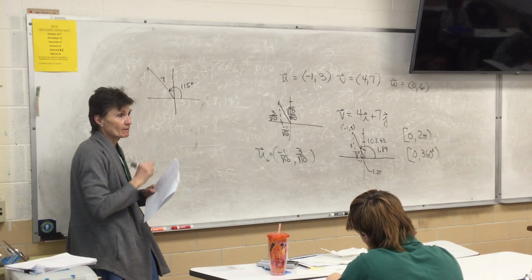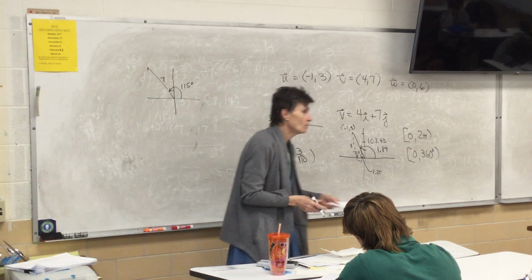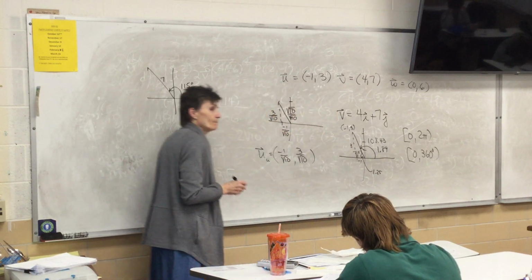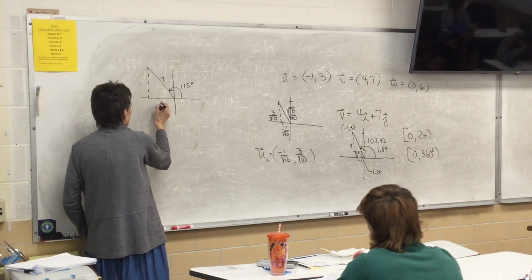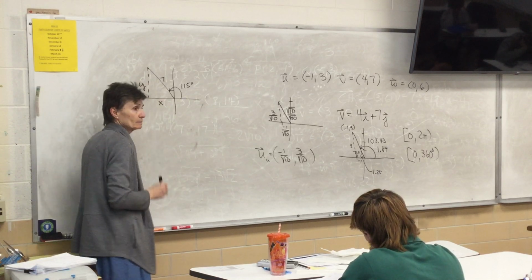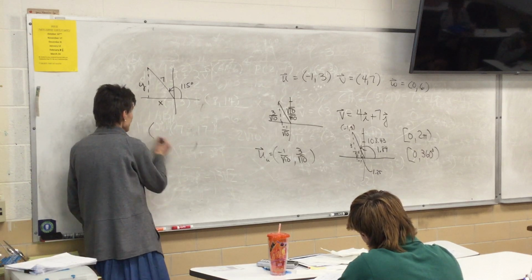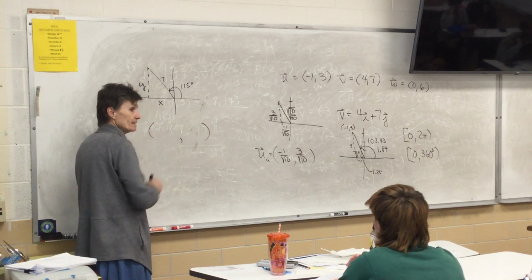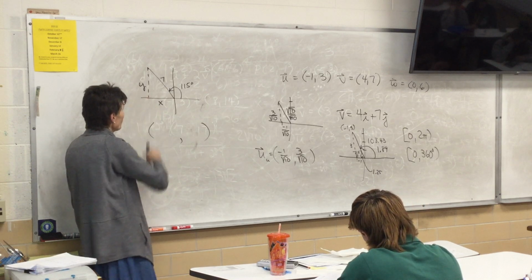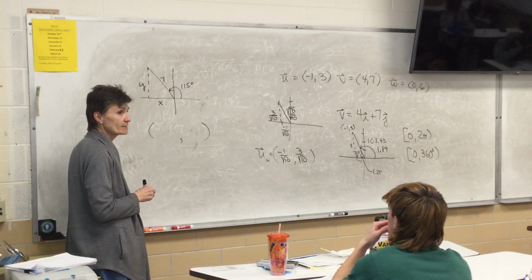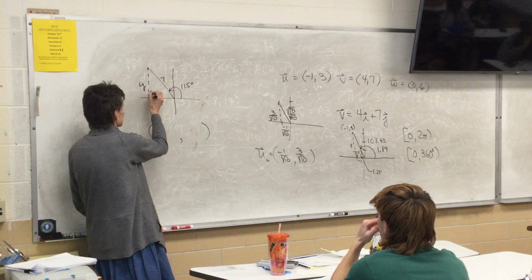Does that make sense to everybody? And what am I looking for? I'm looking for the components. Aren't I looking for x and y? I want to be able to write this vector like this. So I need to figure out what the x and the y are. Do you know how to do this? Yes, you do. You know how to do this.